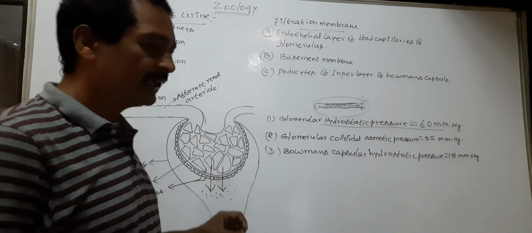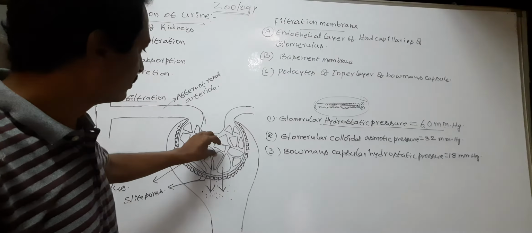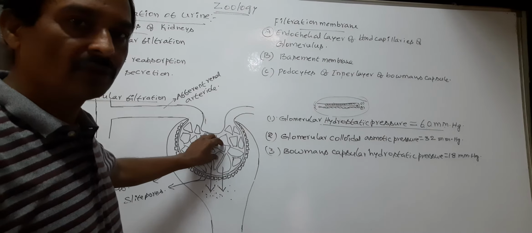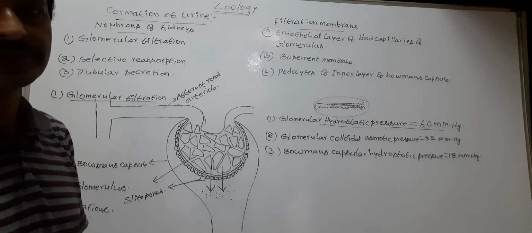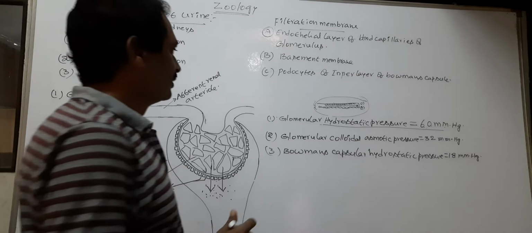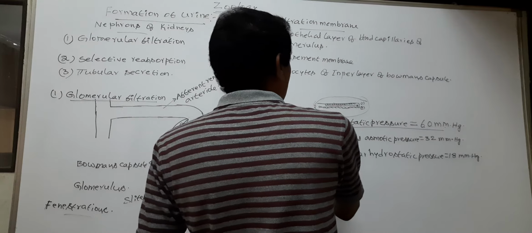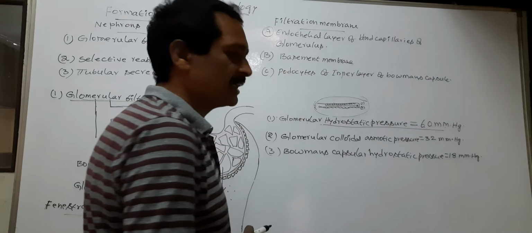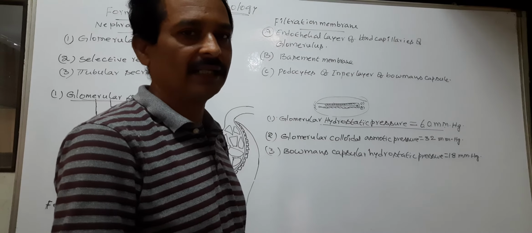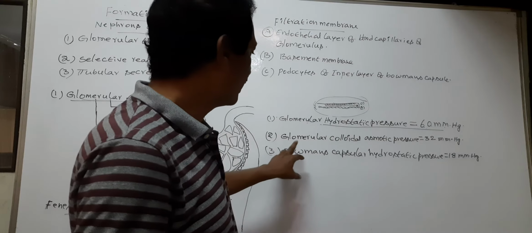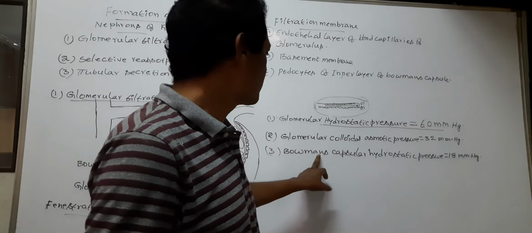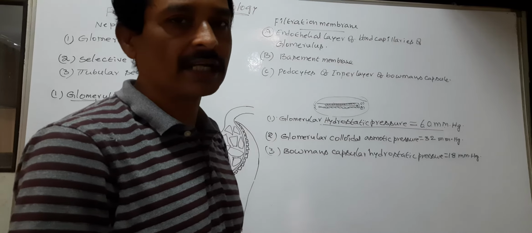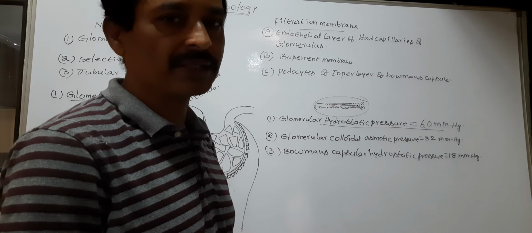But blood is filtered from glomerulus into lumen of the Bowman's capsule because the glomerular hydrostatic pressure is higher than glomerular colloidal osmotic pressure and Bowman's capsular hydrostatic pressure.